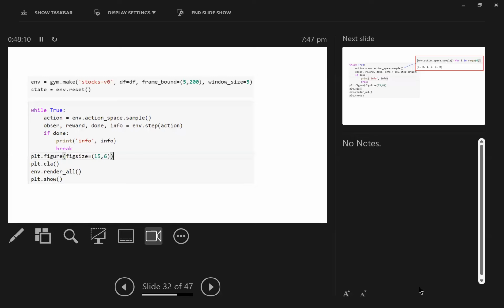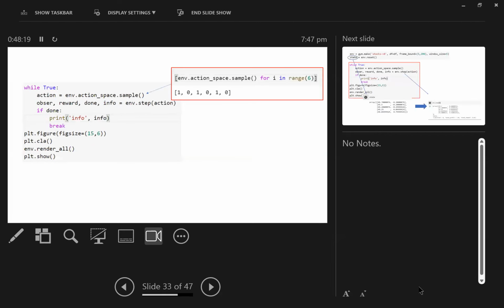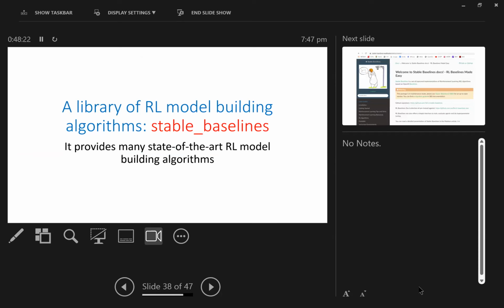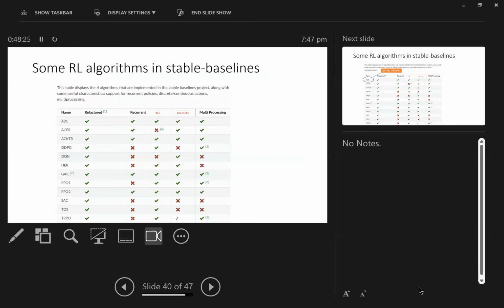Okay, in order to see how it performs for some random action, and then we will apply some well-established algorithms to do the RL trading and see how the performance will be different.